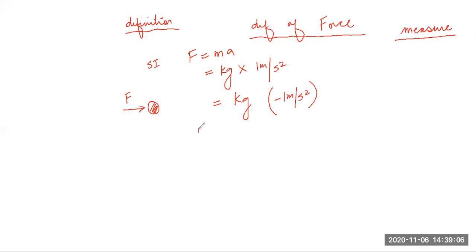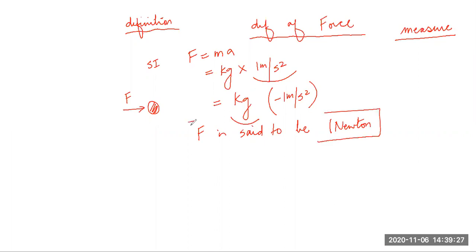I say the force applied is said to be how much? When the mass is 1 kg and the acceleration is 1 unit, the force is said to be 1 Newton, because this law was given by Newton. So in his honor, we gave the unit of force as Newton.